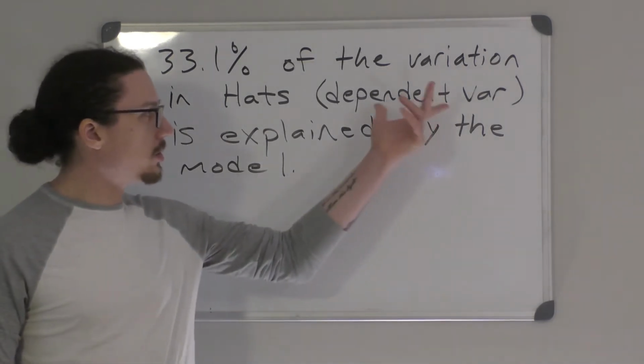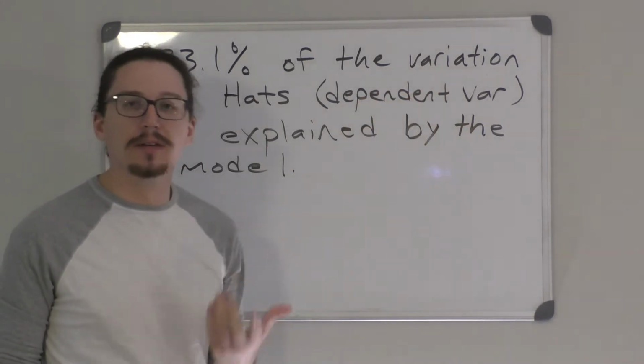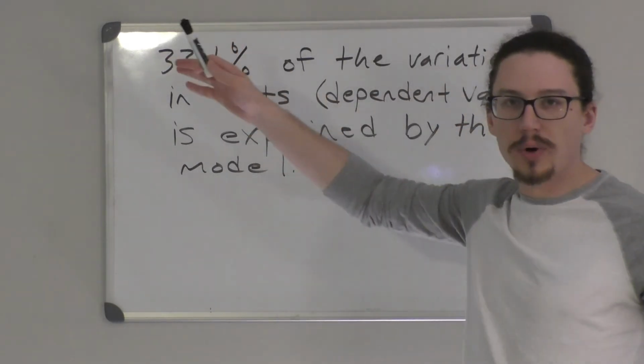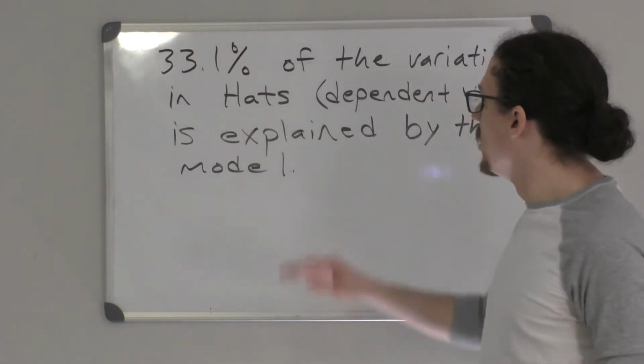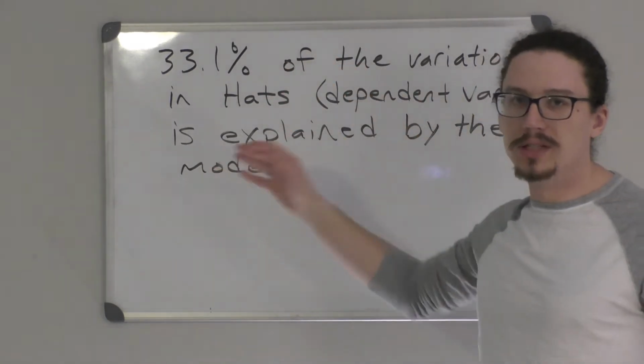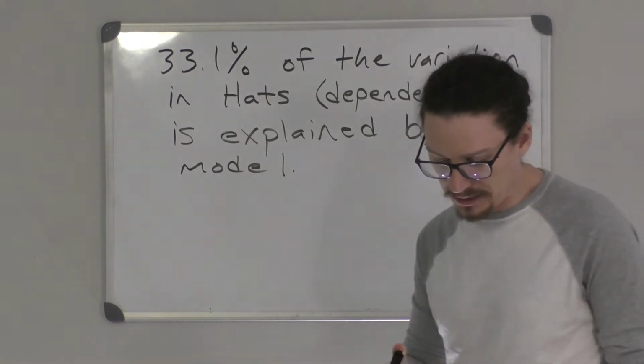For a generic version, whatever the dependent variable is, whatever R squared is, once you put it into a percentage, that percent of the variation in the dependent variable is explained by the model. For our purposes, it's hats.